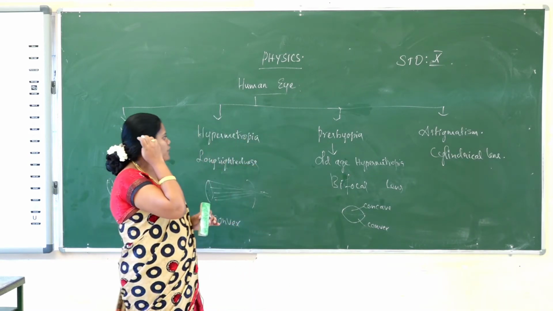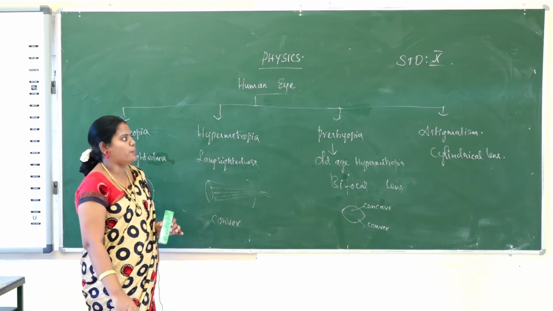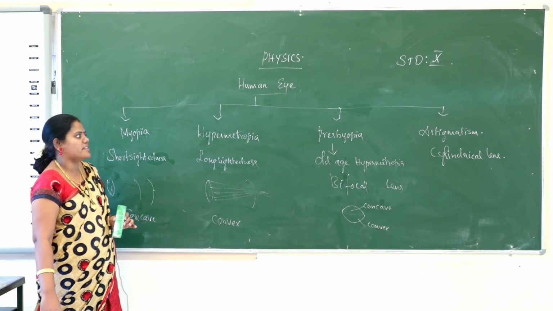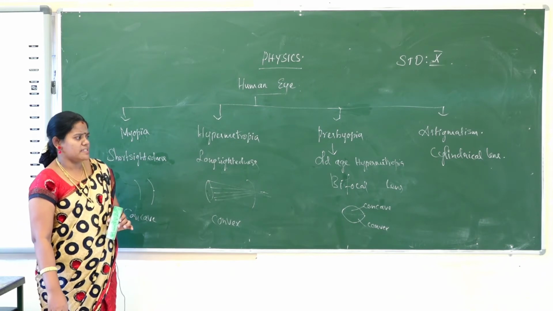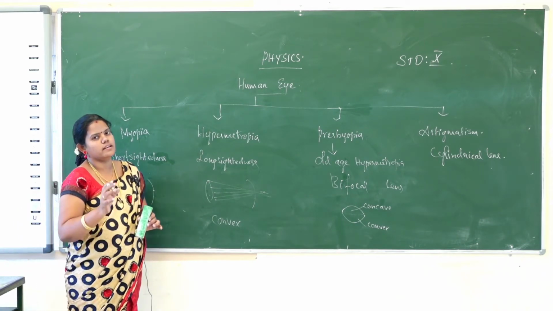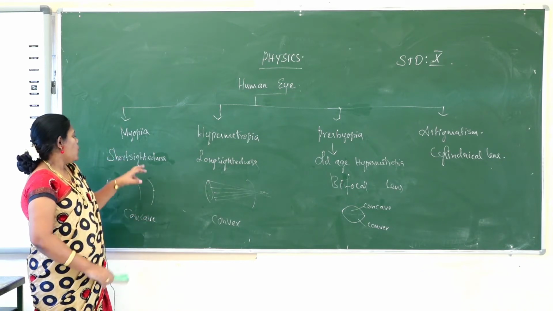So there are four defects in the eye: myopia, hypermetropia, presbyopia and astigmatism. Myopia is shortsightedness, hypermetropia is longsightedness, presbyopia is old age hypermetropia, and astigmatism is when the lens becomes rigid due to injury, so they cannot see objects.